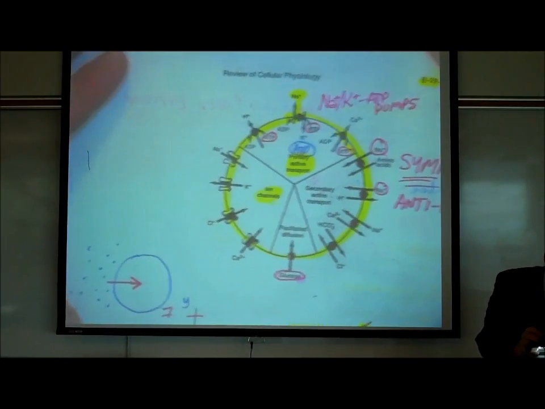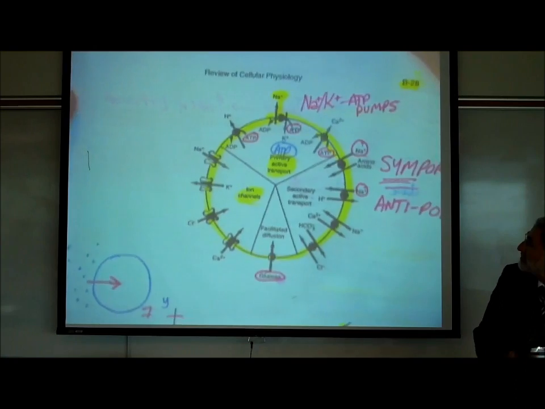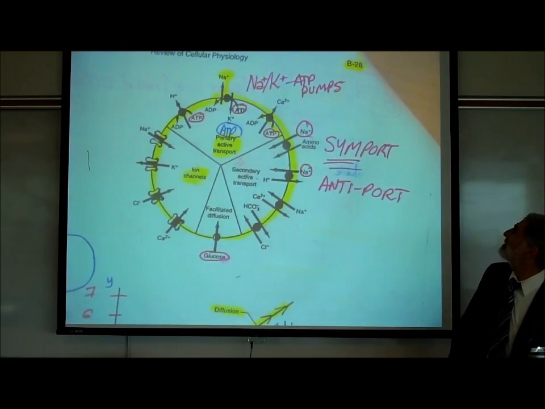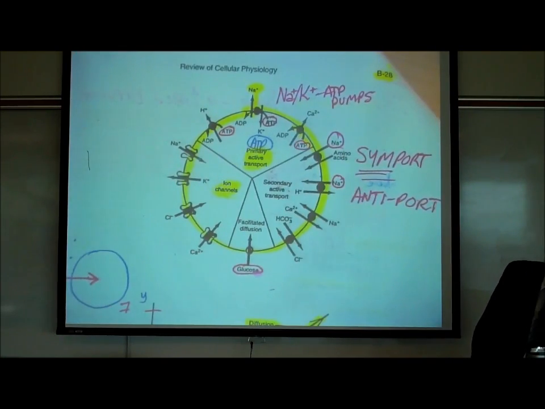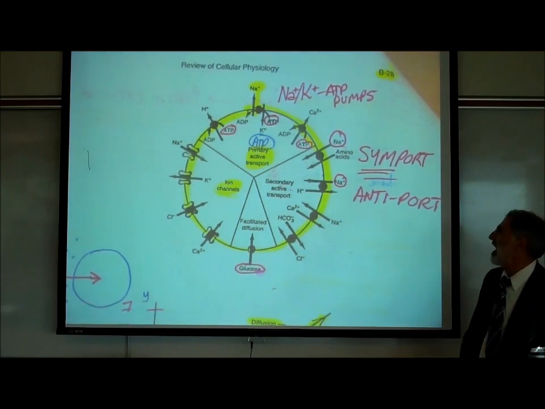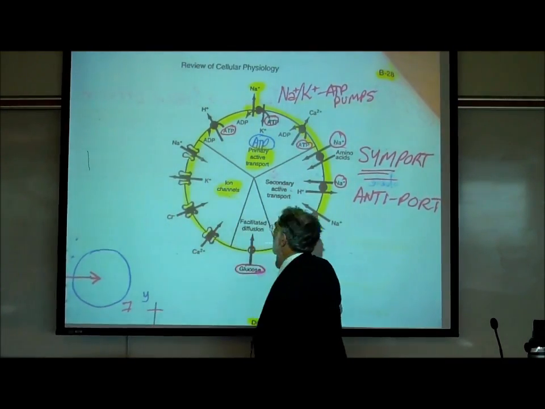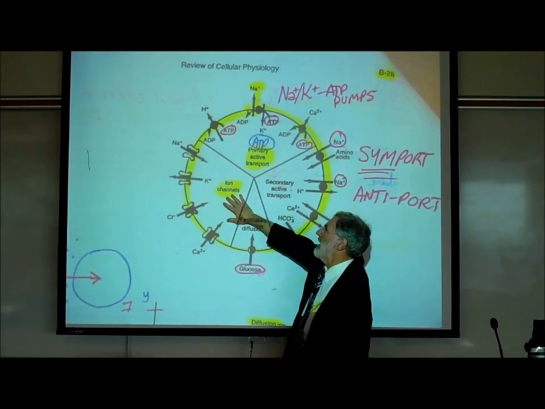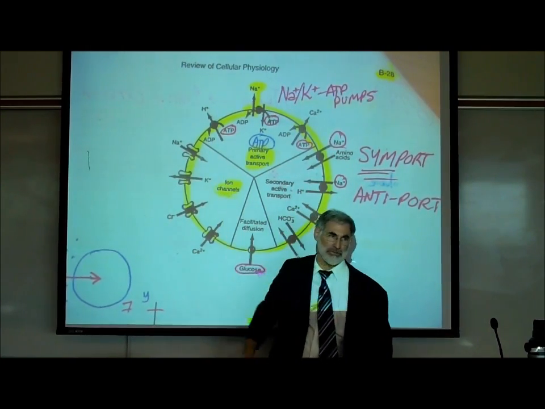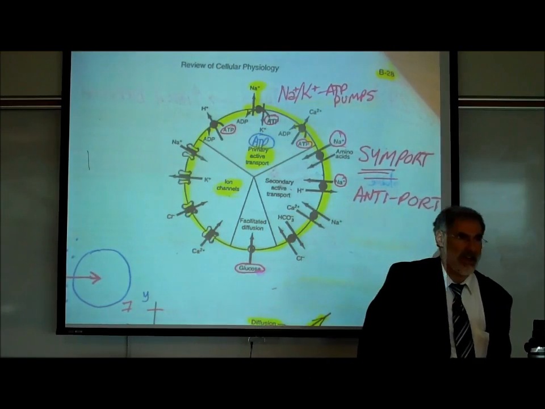Let's look at a picture to help us understand this. On the previous page, on page B28, this is kind of a diagram. This represents a cell. First of all, we are reminded about ion channels. We talked about that last time.